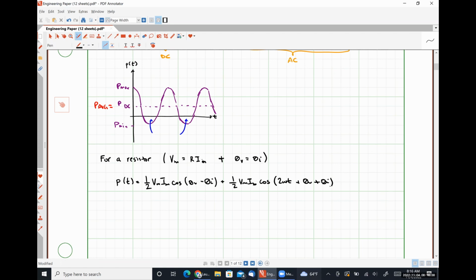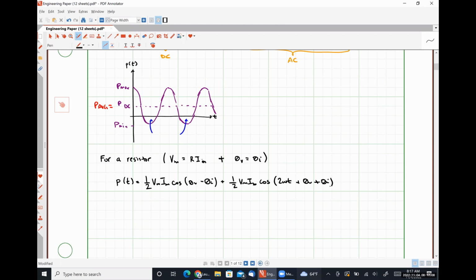We'll be able to express the instantaneous power absorbed by a resistor only in terms of voltage quantities or only in terms of current quantities. Meaning, if we know the voltage drop across the resistor or the current flowing through the resistor, we have enough information to calculate the power. We will no longer need to know both quantities. So we're simplifying the amount of analysis that is necessary. Okay.